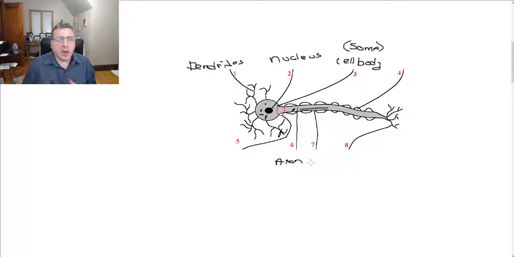Okay, and unlike the dendrite, where it's relatively a short process branching off of the cell body, the axon is typically longer, much longer than the dendrites, and it branches off of another structure called the axon hillock, which is going to be the number 5 here. So you can see that rounded circle right here, okay, and that's called the axon hillock.